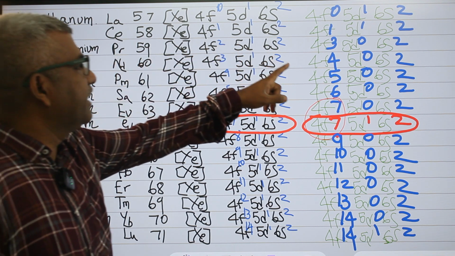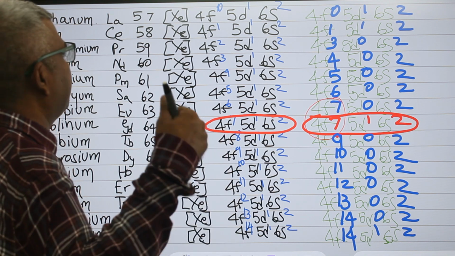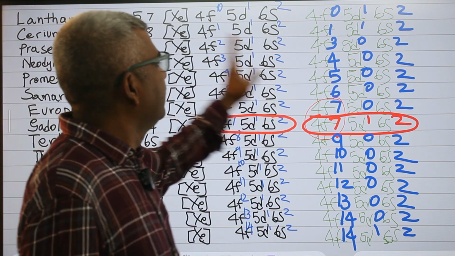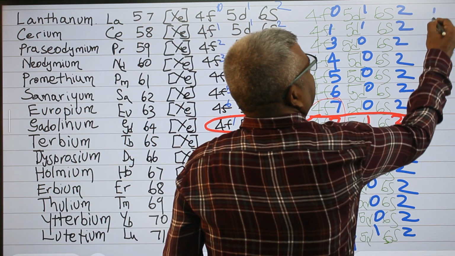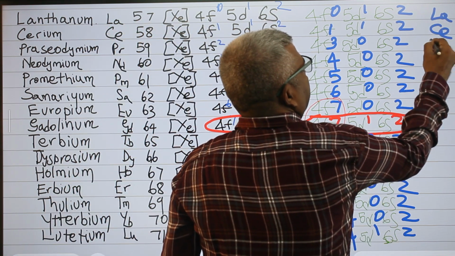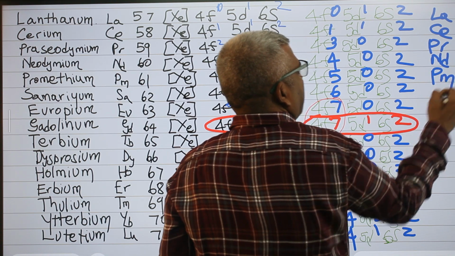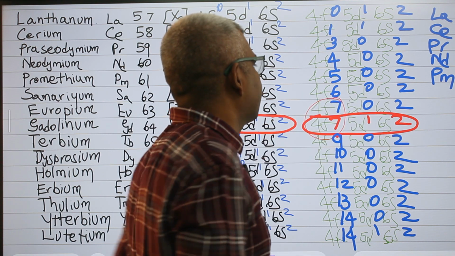Okay. Cerium 4f1, 5d1, 6s2. Praseodymium 4f3, 5d0, 6s2. Neodymium 4f4, 5d0, 6s2. Promethium, Pm, 4f5, 5d0, 6s2.